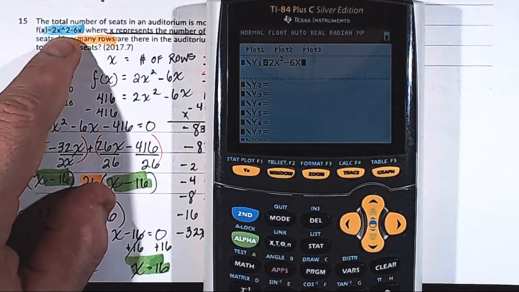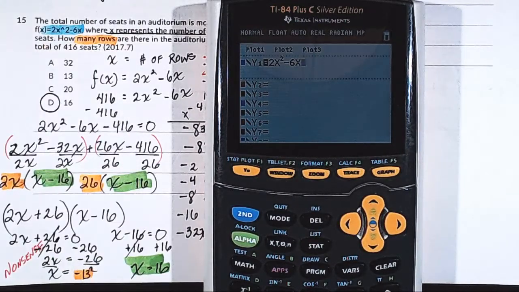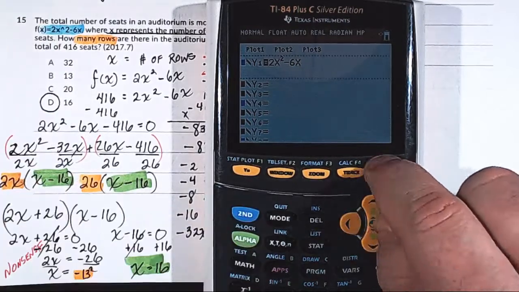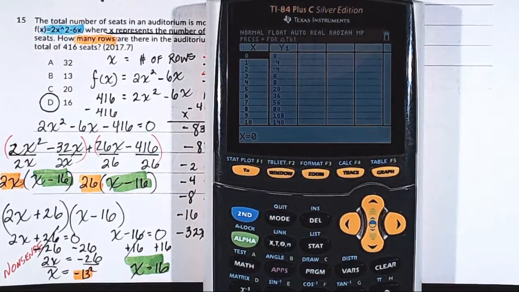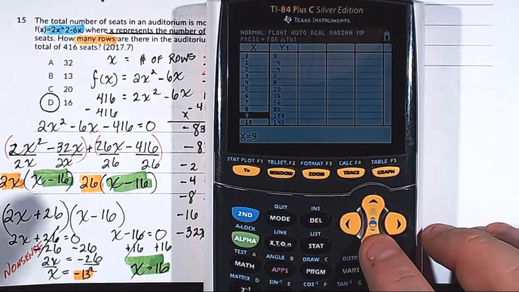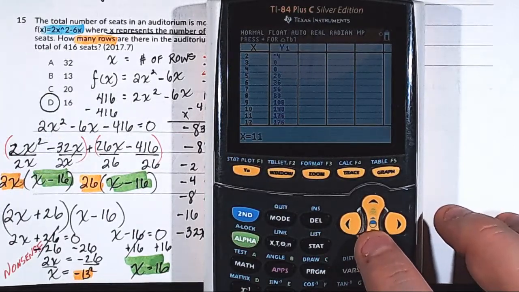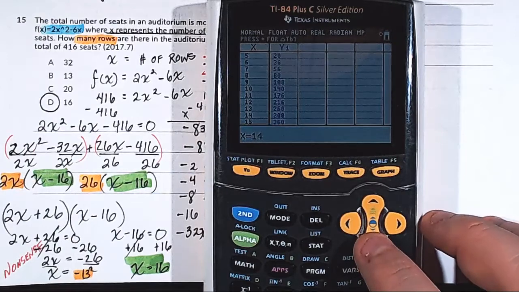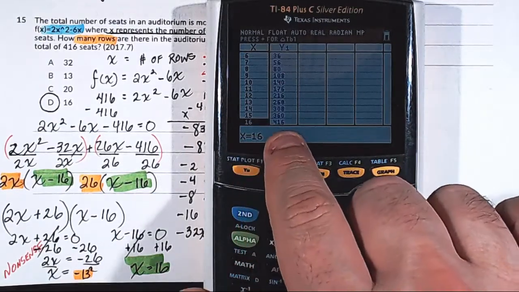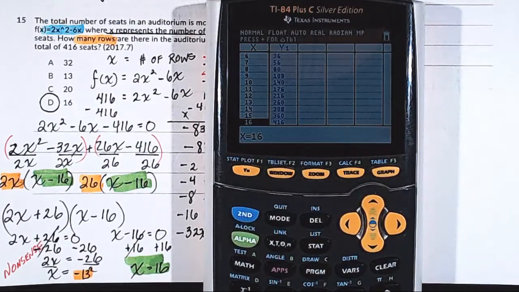Okay, some of you are going to be mad at me because of how quick this happens. So now we go to second graph, and what we're looking for is the x value when the y value is 416, because it said 416. So I'm just scrolling, scrolling, scrolling. There it is. So it says x equals 16, y equals 416.